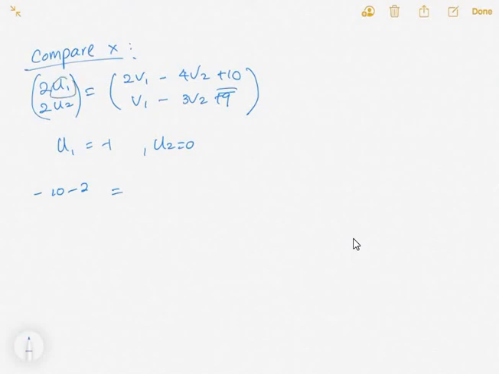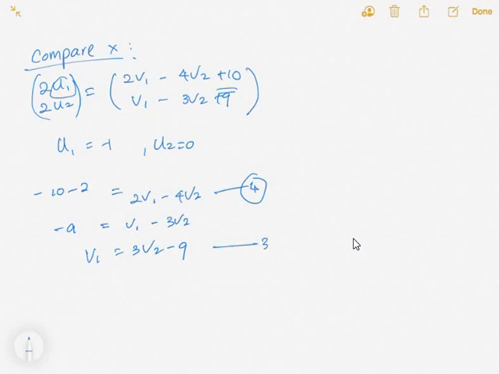So negative 10, negative 2 equal to 2v1 minus 4v2, and then this one is negative 9 equal to v1 minus 3v2. So v1 equal to 3v2 minus 9.